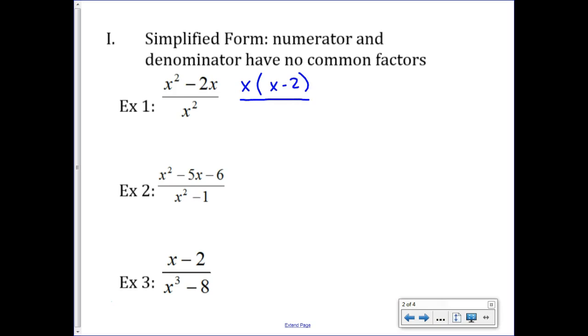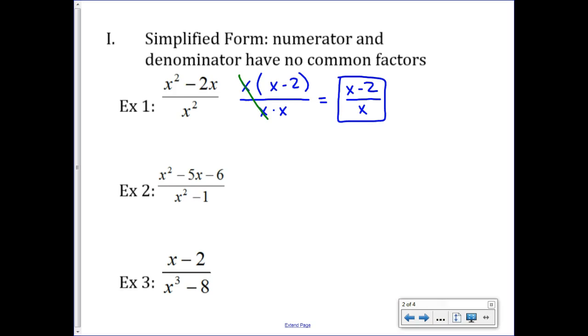The denominator is just x squared, but as a reminder, that means x times x. So then I can cancel out one of those x's, and I'm left with x minus 2 over x. Very tempting to go ahead and try to cancel out those x's, but we can't do that. This is the most simplified that it gets because that x minus 2 is grouped together.